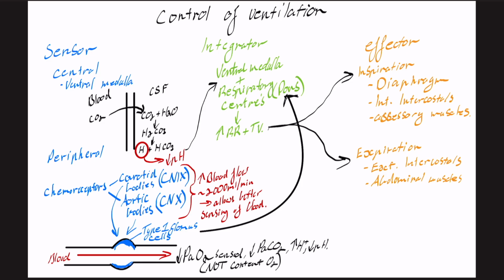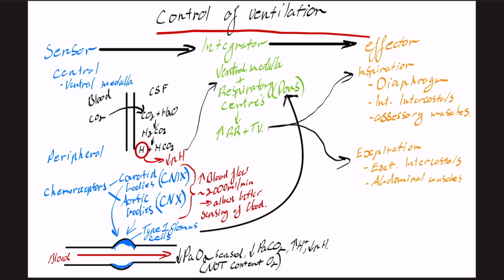These effects will lead to an increased or decreased respiratory rate, depending on whether your CO2 is high or low, or you're hypoxic or not hypoxic. And then this will be sensed by the sensors in a negative feedback system.